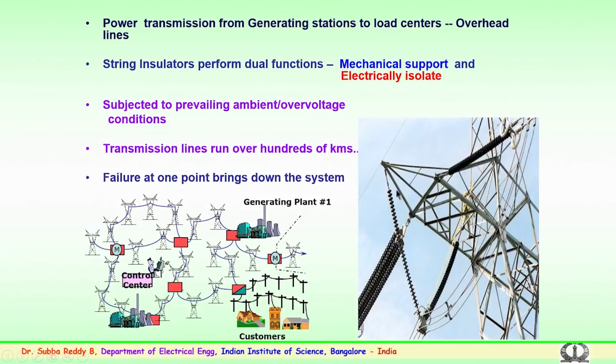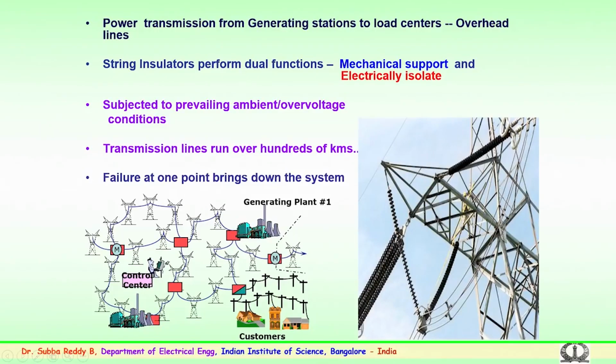So for isolation you use an insulator. So basically the number of insulators depends upon the voltage level, which we will be discussing in future lectures. So the performance of a string insulator mainly supports two important causes. One is the mechanical support to the tower, and the other is to electrically isolate the conductor from the tower so that flashover should not occur.